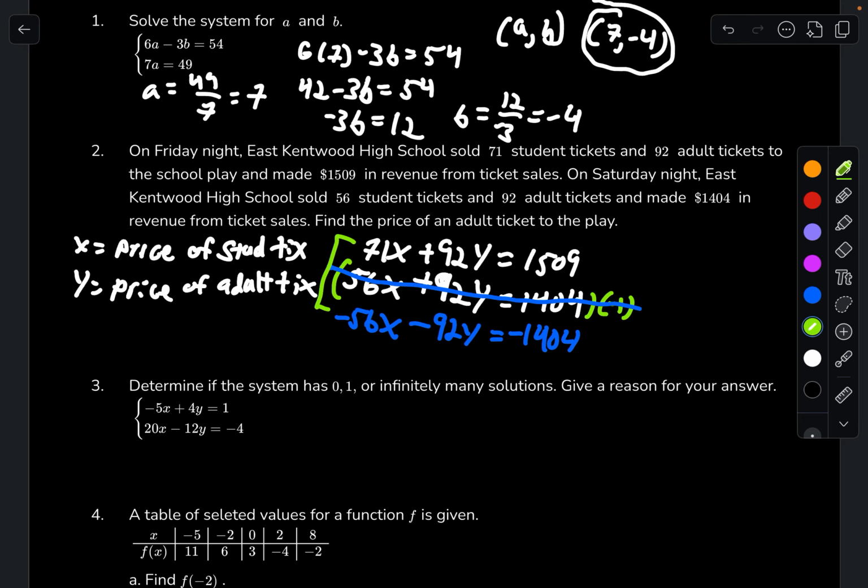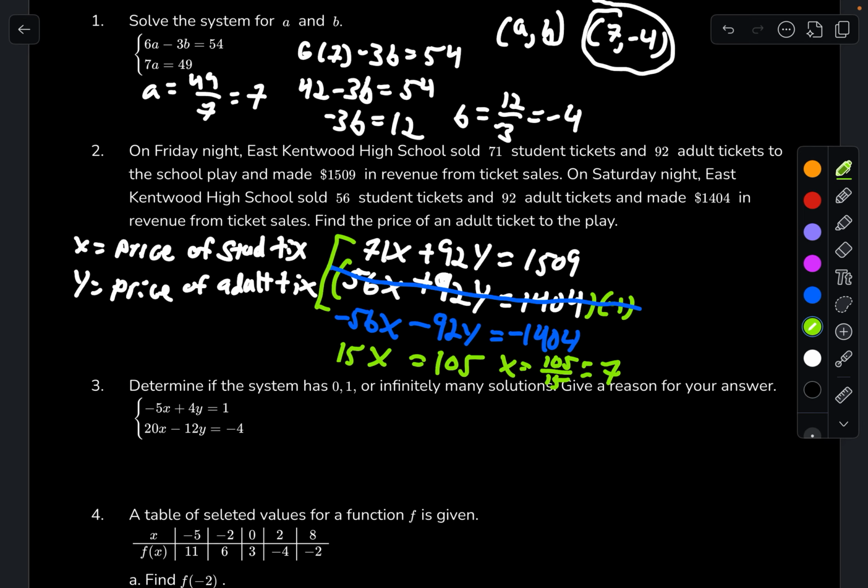You get 15X. And then 1,509 minus 1,404 is 105. So X is going to be 105 divided by 15, which I hope is a nice integer, which it is. And that works out to be 7.